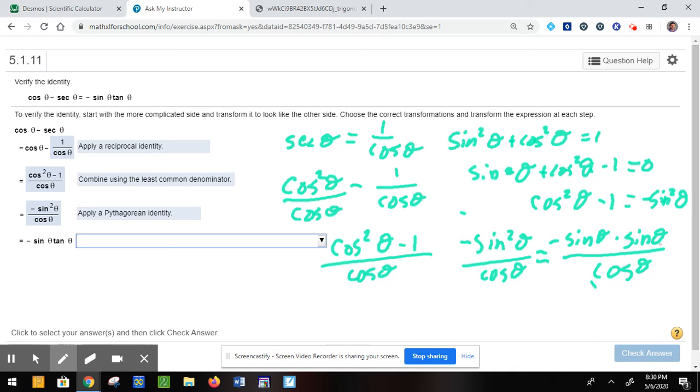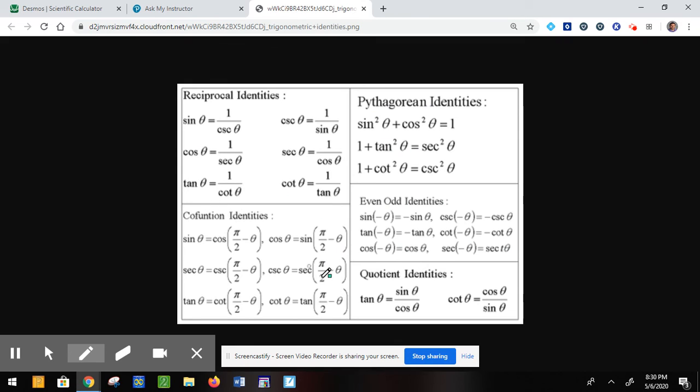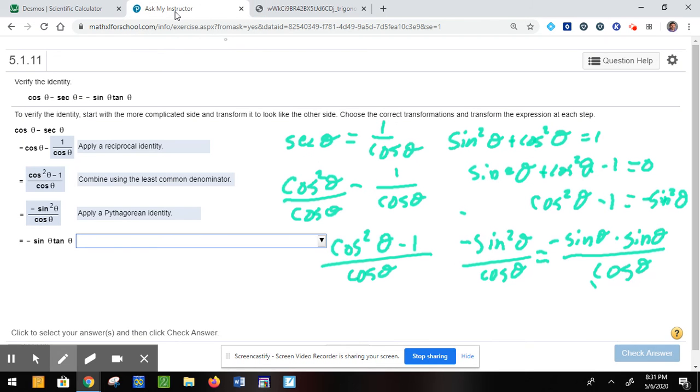The reason why I can do that: sine theta times sine theta is sine squared theta, right? Just like x times x is x squared. You can break apart x squared into x times x if you want. That's useful here. I can break apart sine squared into sine times sine. The reason why that's useful is, look at the quotient identity: tangent theta is equal to sine theta over cosine theta.